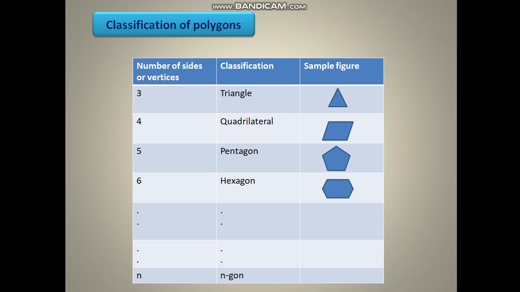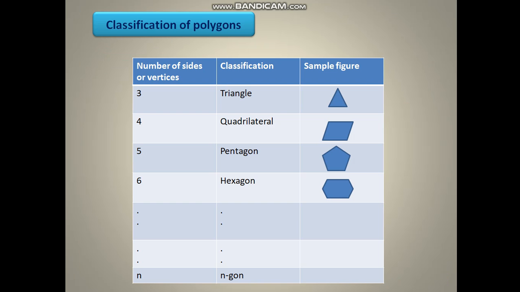Next, classification of polygons. On the basis of the number of sides, we can classify polygons. For example, number of sides 3, the vertices are 3, we call it a triangle. Next, number of sides 4, we call it a quadrilateral.